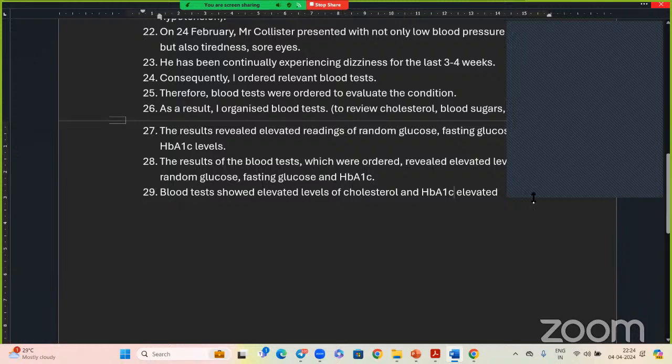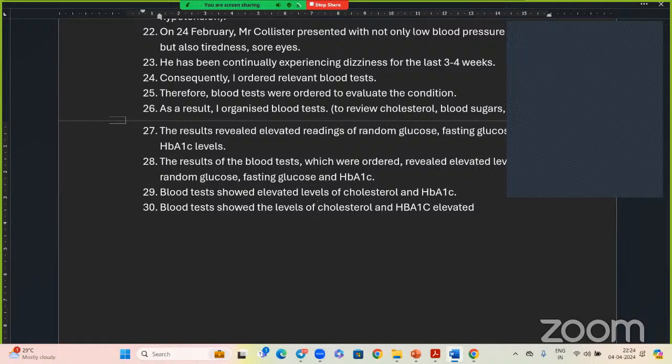Or you can say, blood test showed the levels of cholesterol and HbA1c elevated. Like that also you can write. Whatever you have written, I am copying that and giving your own style. So multiple ways you can write. There is nothing called this is the only way.